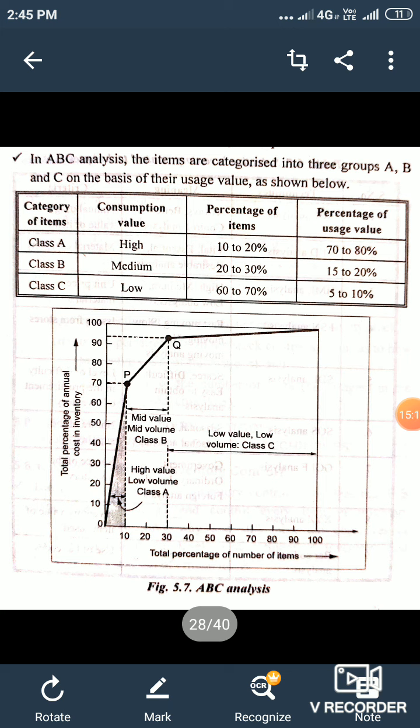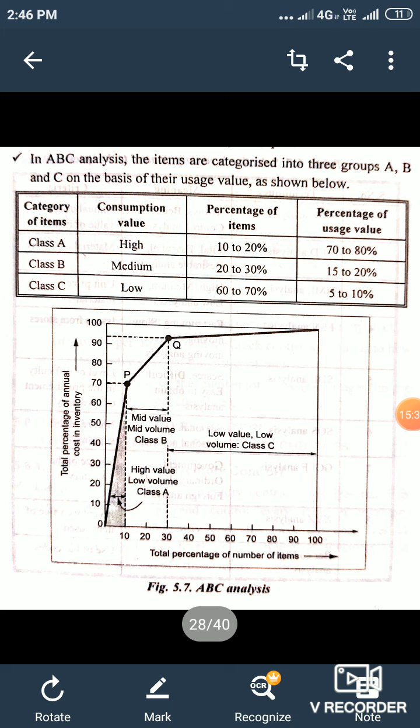A procedure is there to draw this graph or getting the A class, B class and C class items. The procedure is as follows. First, identify all the items used in an industry. Second step, list all the items as per their value. Third point, classify them as high, medium and low valued items.